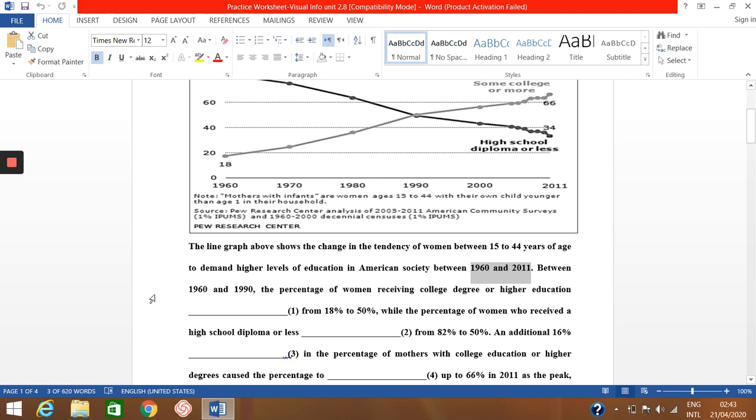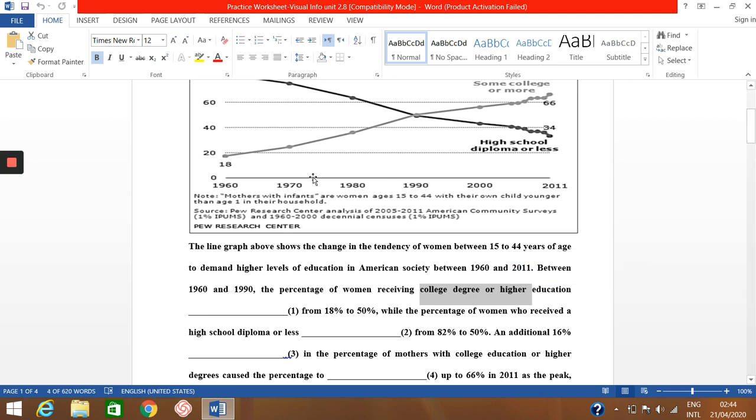Between 1960 and 1990, you see in this part here, the percentage of women receiving college degree or higher education. Here you need to stop and concentrate. We're talking about women receiving a higher degree or more.